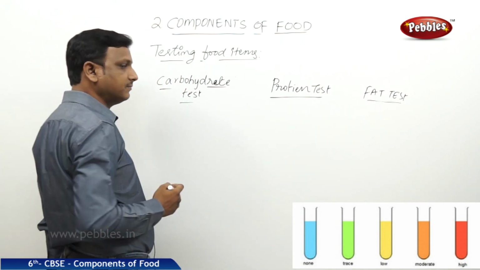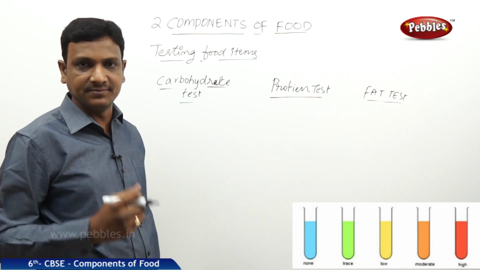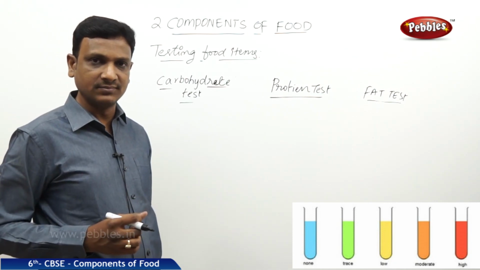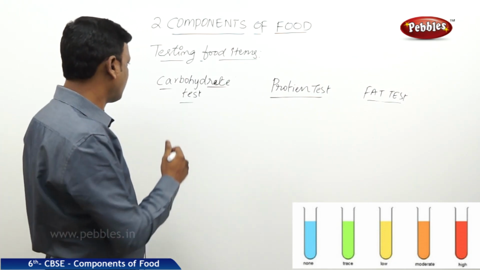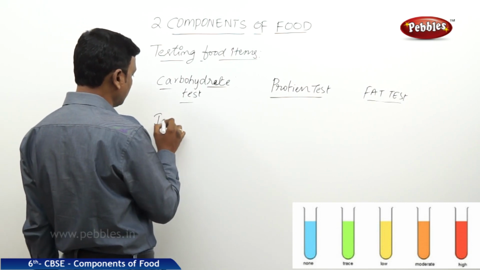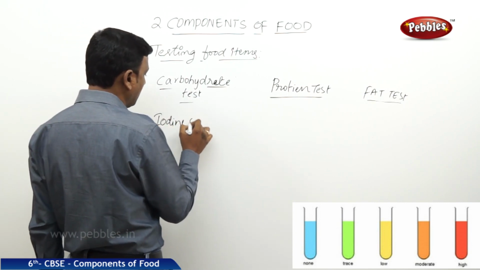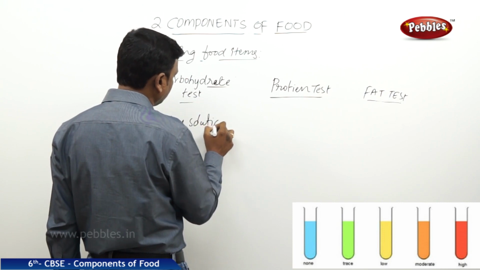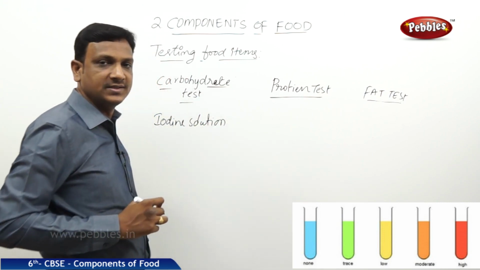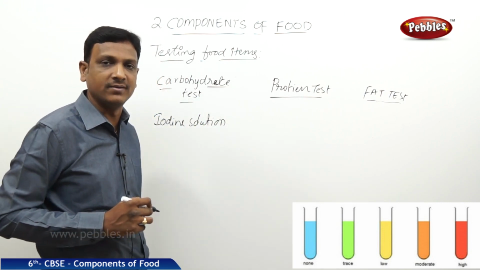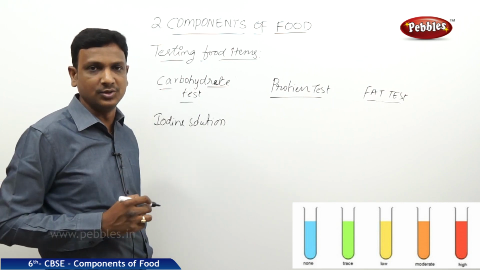So what is needed? We need certain chemicals prepared to do the test. The first one, for carbohydrate, you need iodine solution. This iodine solution is available in your school laboratory; your teacher will provide it.